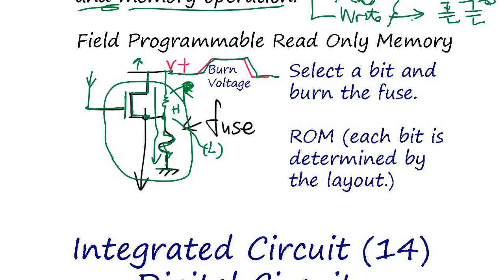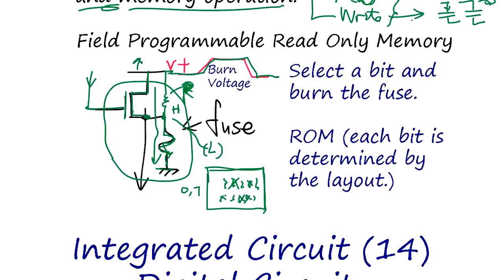So whether the fuse is blown or not makes it high or low. So you have an array of memory fuses, some of them blown, some of them intact, so you get a table of 0 and 1.